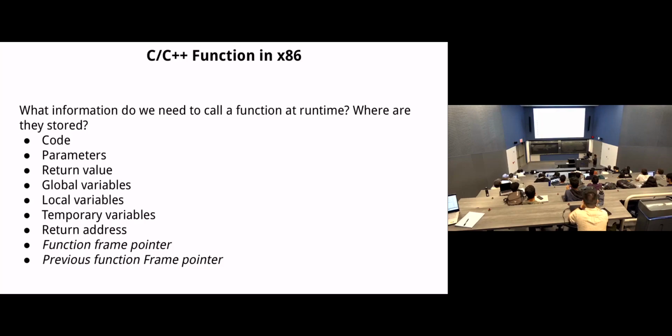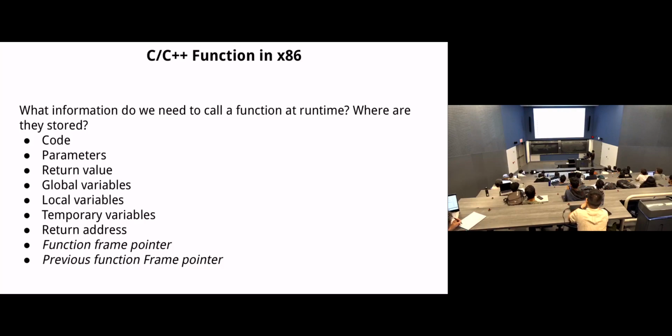It may use some global variables. It has some local variables. Sometimes it has some temporary variables. It has a return address where it returns to, and all of those need hardware support to achieve. And there are function frame pointers that map to a register we're going to use, and also previous function frame pointers.